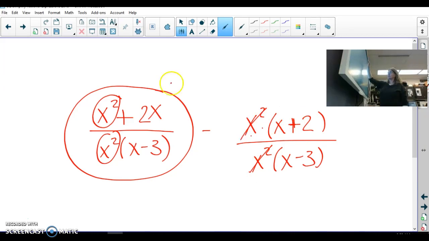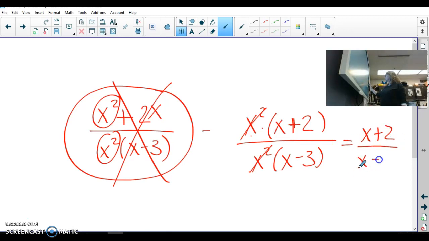This is different than the previous problem. I'm doing a whole new problem here. But now it is a factor, and so you can eliminate the x squareds. You'd be left with x plus 2 over x minus 3, and you cannot simplify the x's. The x is not a factor in the top, and it's not a factor in the bottom. So as soon as you see something being added or subtracted and not multiplied, you cannot simplify any further than that. Okay, that's it.